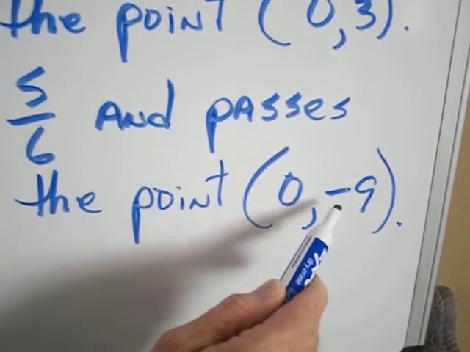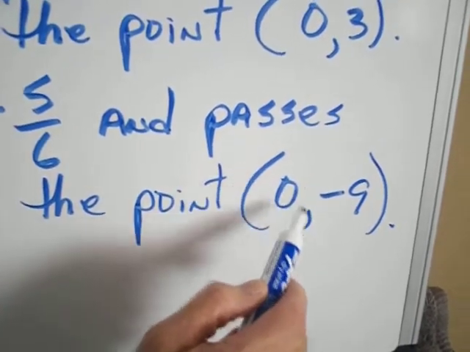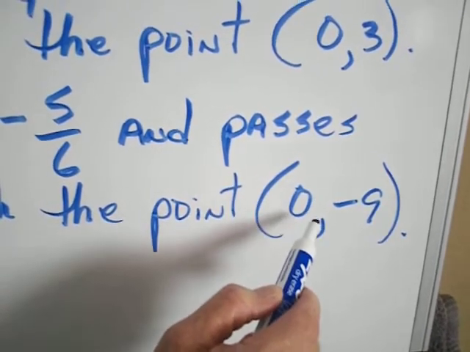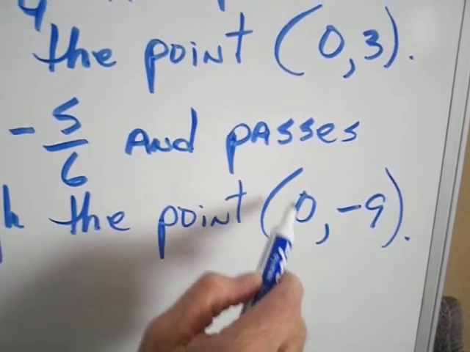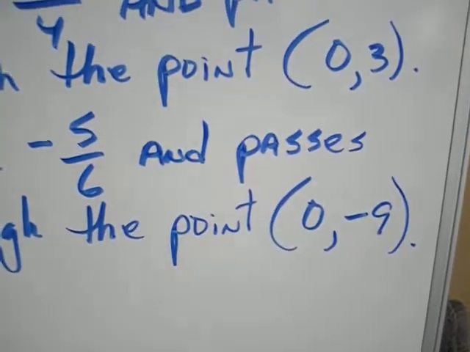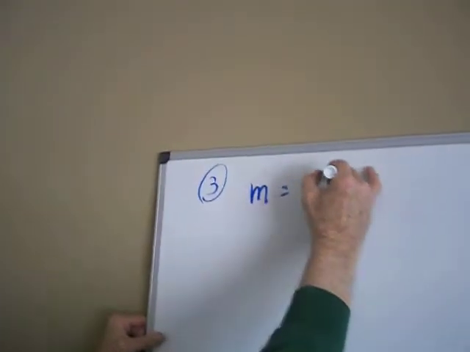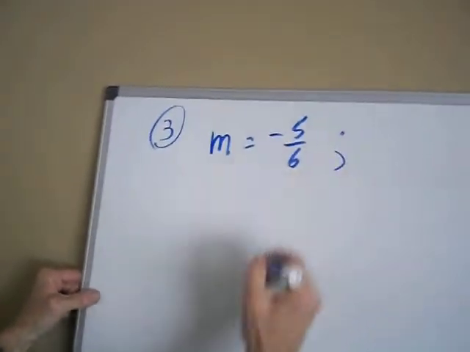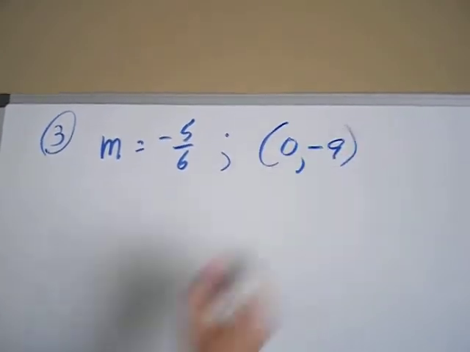Remember: the y-intercept point is always the point where the value of x is 0. X must be 0. You cannot forget that. Okay, number 3. M is equal to negative 5/6. The y-intercept is the ordered pair 0, negative 9.